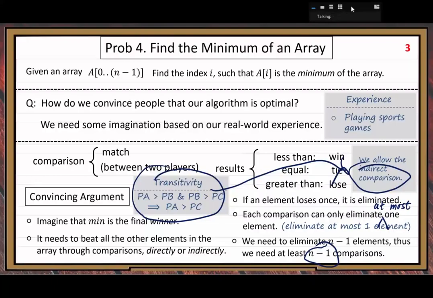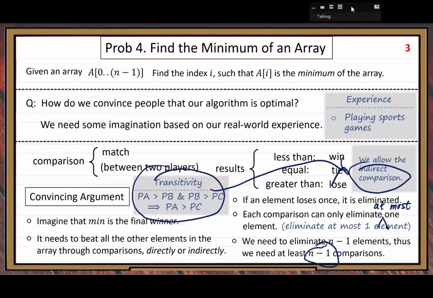How about this optimality problem? This question is very simple, finding the minimum. For other relatively hard questions, this kind of proof is also very hard.